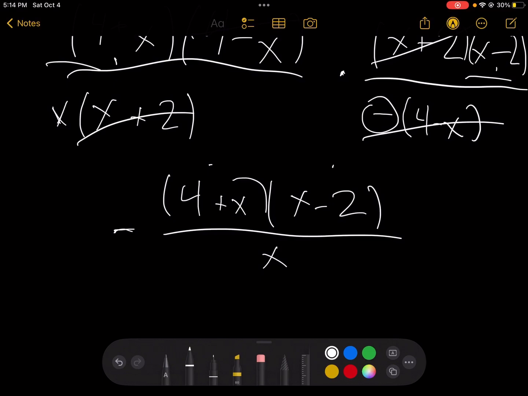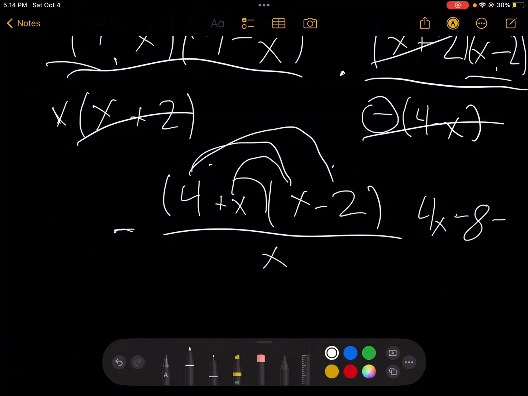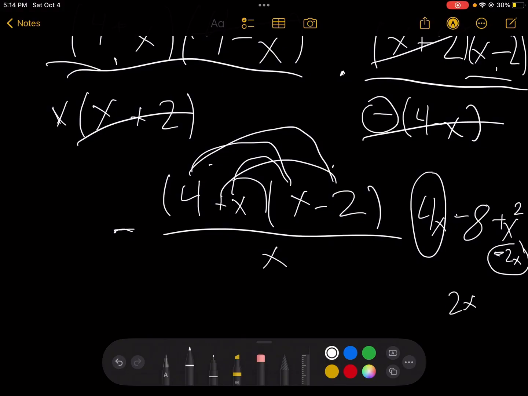So FOIL, first terms 4x, last terms, outer terms, minus 8, inner terms, x squared, and then this would be negative 2x. Since there are common literal coefficients, you subtract them or add them together, that would become 2x.